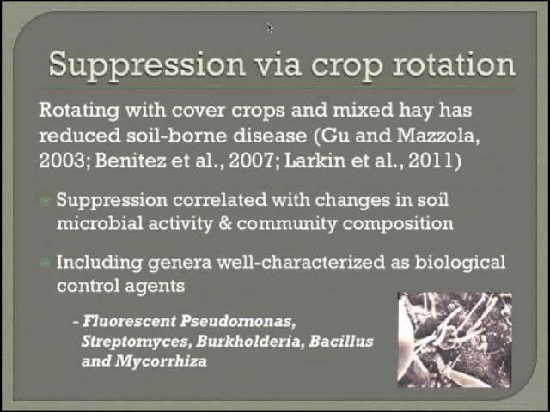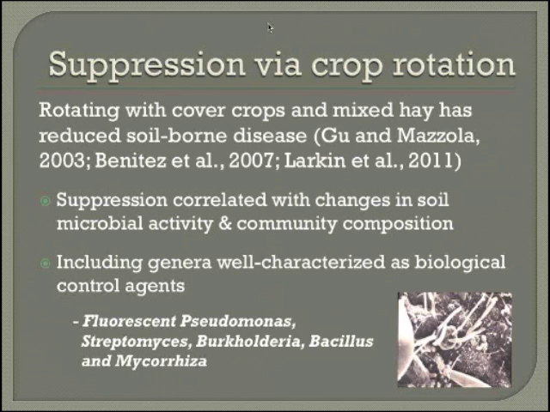So numerous studies have shown that if you rotate your crops, obviously with cover crops or mixed hay species, you can reduce soil-borne pathogens in the system. And we've seen in some of these studies that the suppression due to these cover crops is correlated with changes in the general activity of the microbial community, as well as the composition of that community, including members that have been well characterized as biocontrol agents, like these fluorescent pseudomonad species and bacillus and mycorrhiza.